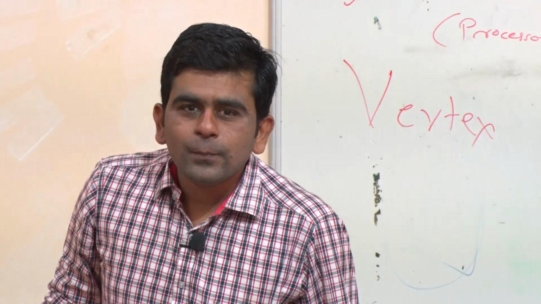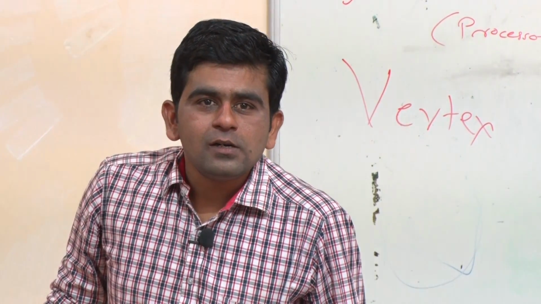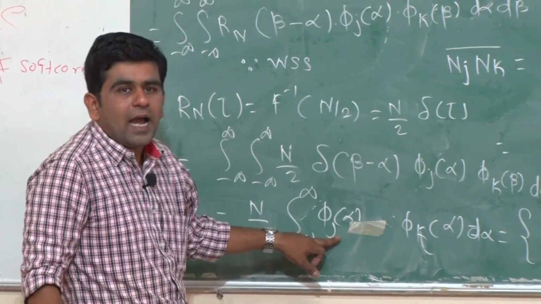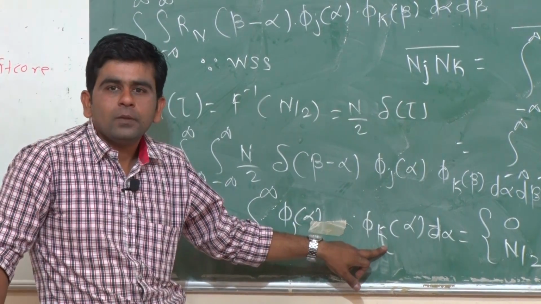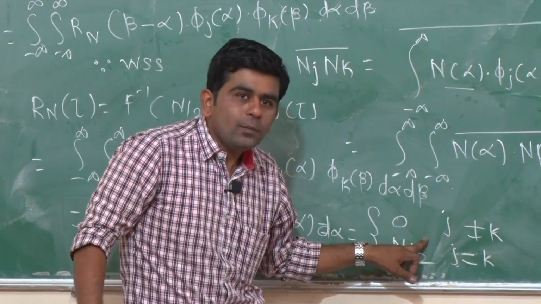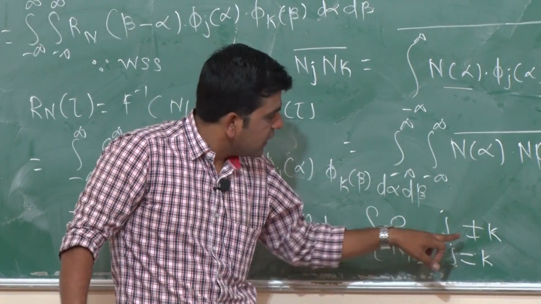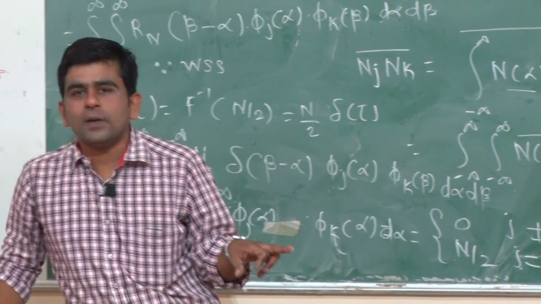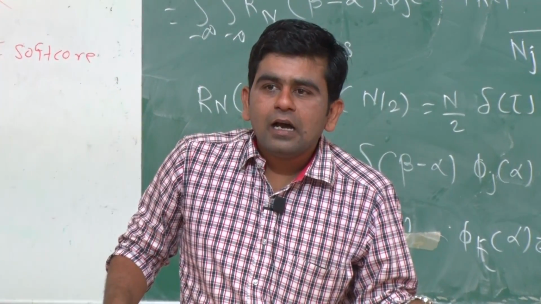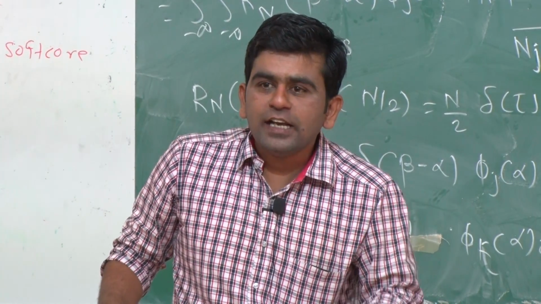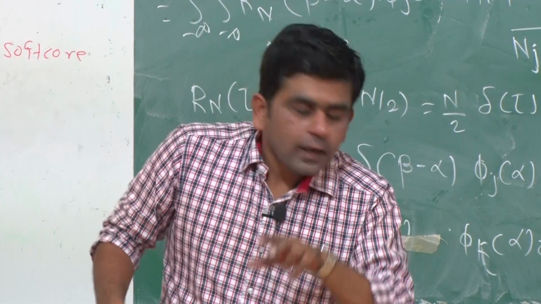All of you agree? Yes or no? Here we have the two basis functions phi j and phi k. These two basis functions take the value 0 when j is not equal to k, meaning any two basis functions are perpendicular to each other when j is not equal to k.